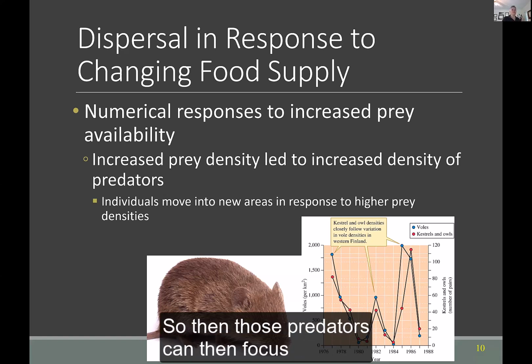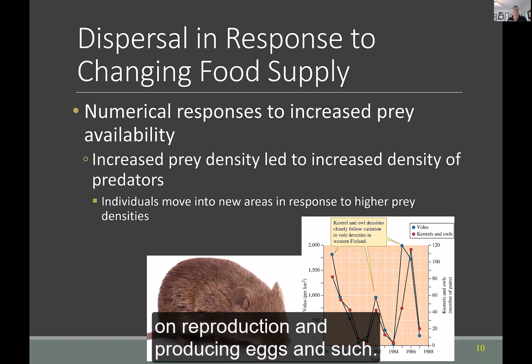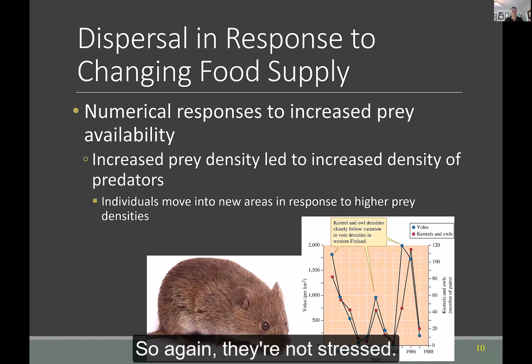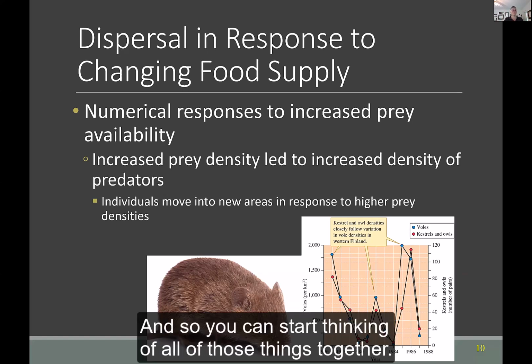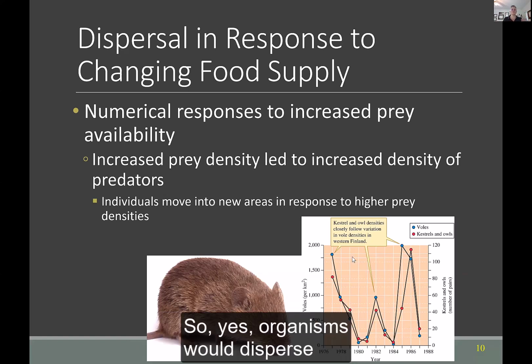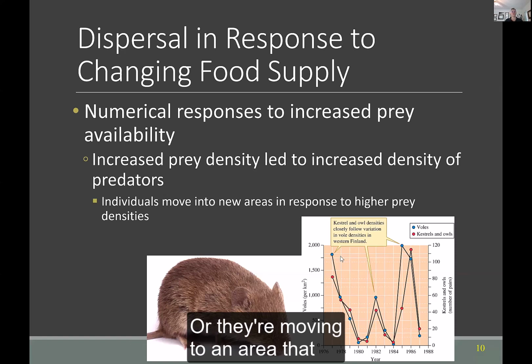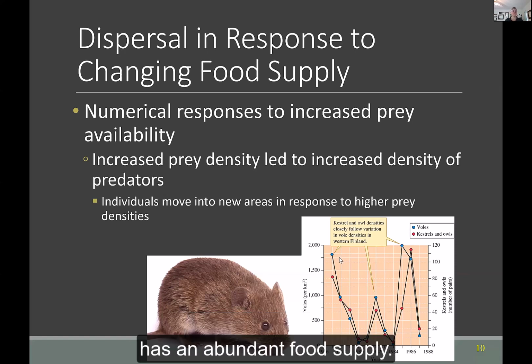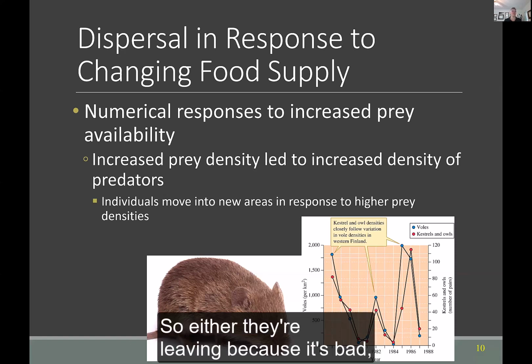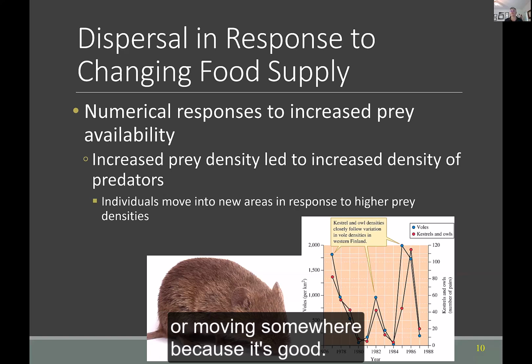Then those predators can focus on reproduction and producing eggs and such. They're not stressed, right? So you can start thinking of all of those things together. Yes, organisms would disperse because of limited food supply, or they're moving to an area that has an abundant food supply. So either they're leaving because it's bad or moving somewhere because it's good.